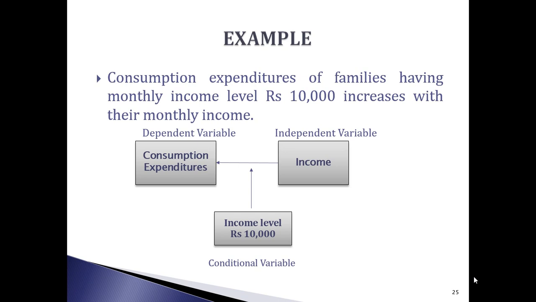For example, consumption expenditures of families having monthly income level rupees 10,000 increases with their monthly income. Here, dependent variable is consumption expenditure, independent variable is income, and conditional variable is income level rupees 10,000. So, income of families having income level rupees 10,000 affects consumption expenditures.